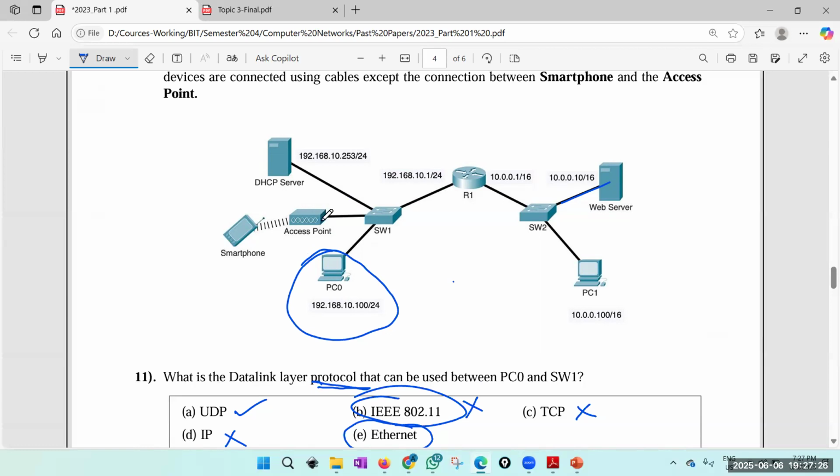Default gateway is usually for going out of your network, because if it is inside, you must know the IP address or MAC address. So basically, default gateway is your router, your router's local IP address.